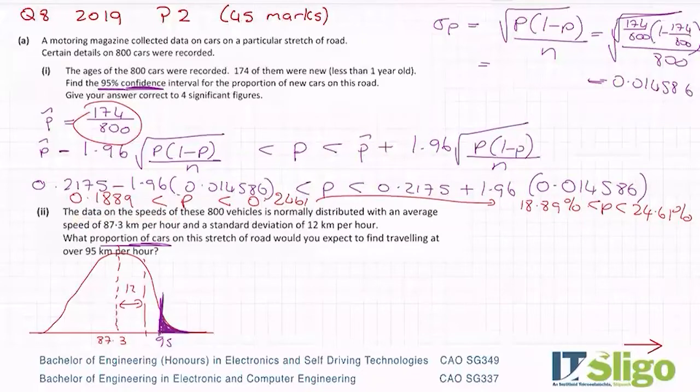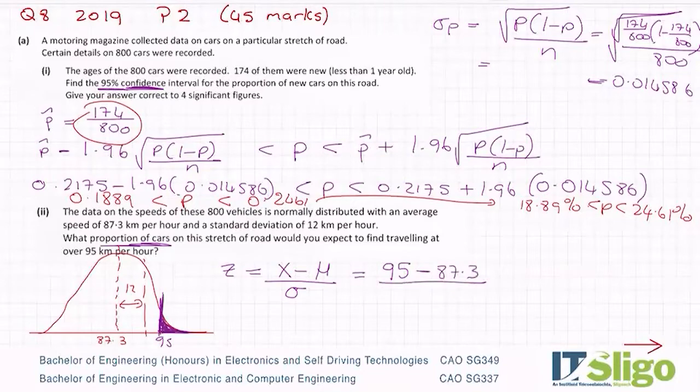It's just a straightforward z-score. So z is equal to the value that I'm testing, x. You compare it to the mean, mu, and you see how many standard deviations that is equivalent to. So the value that I'm testing is 95. I'm comparing it to the mean, 87.3, and the step size, the standard deviation, is 12.